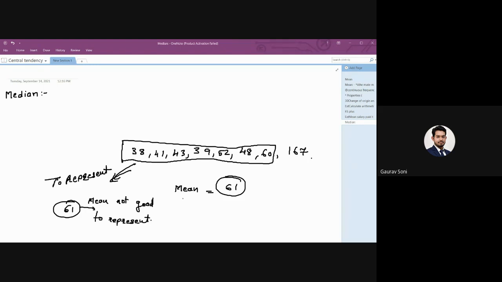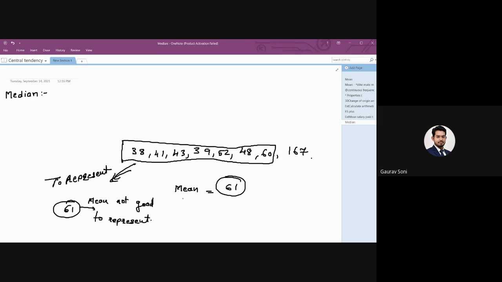Are you getting my point? Say in a class, 96% students failed, and they got nearly 5%, 6%, 10% marks. 96% students got marks less than 10, and the 4% students got 100 out of 100. If you find out the mean, that will be very much larger than what 96% students are getting below 10.